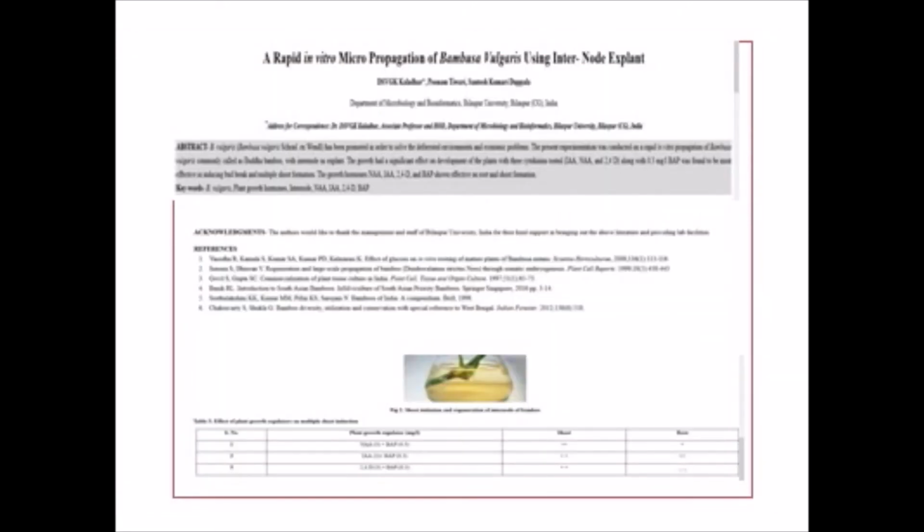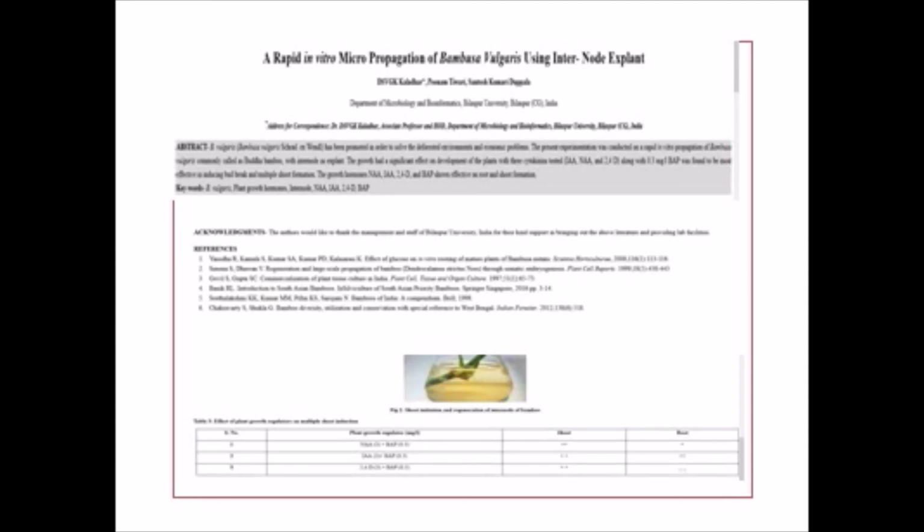This is how the research paper will look. First, it contains the title, such as rapid in vitro micropropagation of Bambusa vulgaria using internode explant. So this is a general title which can be provided for the research paper, followed by the author names, which can be superscripted with numbers, followed by the author affiliations and the correspondence details.